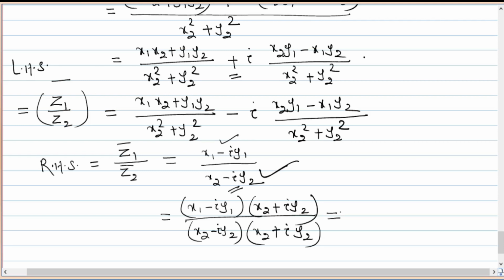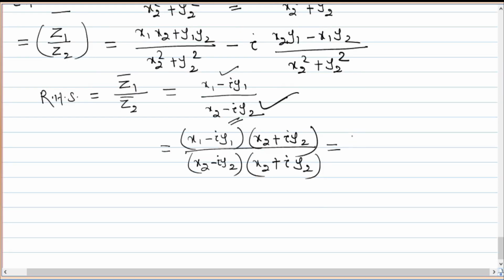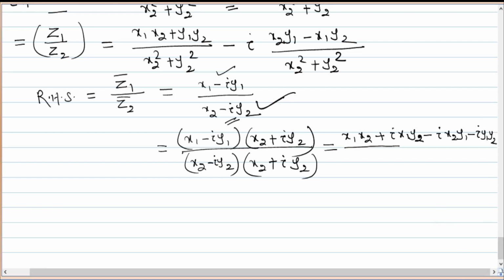Okay, so simple multiplication: x1 x2 plus i x1 y2 minus i x2 y1 minus i square y1 y2, divided by this one, a plus b whole into a minus b, that is a square, x2 square minus i square y2 square.